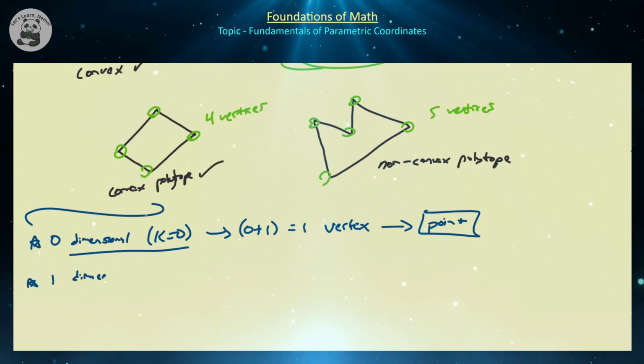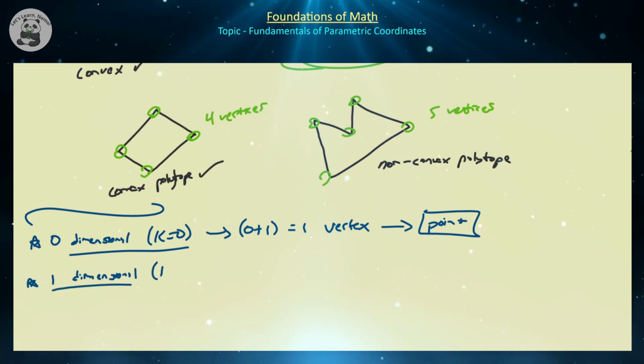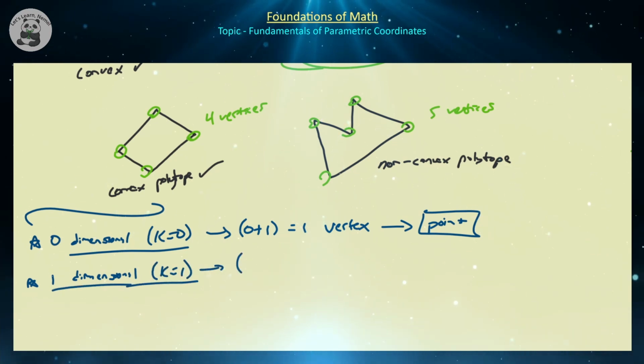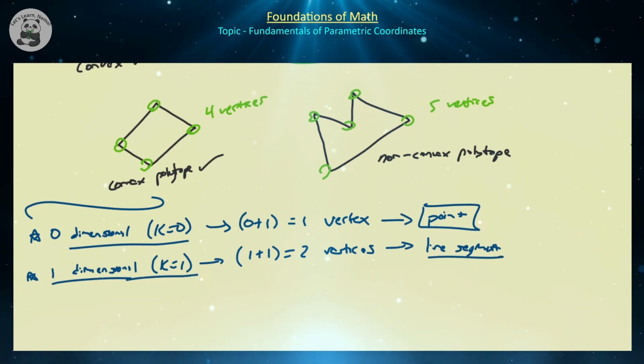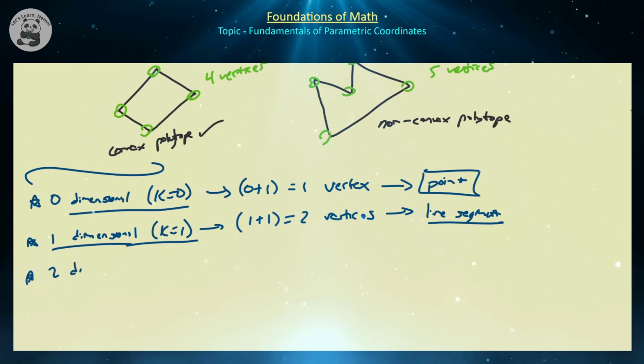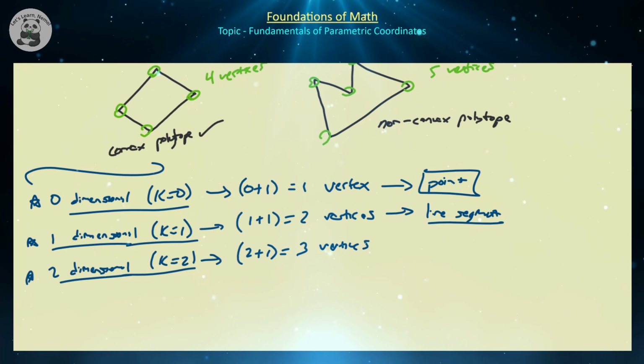If we consider the 1-dimensional simplex, which is just k is equal to 1, that means the number of vertices we're going to have is 1 plus 1, which is going to be 2 vertices, right? So a 1 simplex will be a line segment, right? And if we consider anything above, for example, a 2-dimensional simplex, which is just k is equal to 2, that's going to give us 2 plus 1, which is going to be 3 vertices, and a 3 vertex simplex, that is a polytope and convex, is going to be a triangle, right?